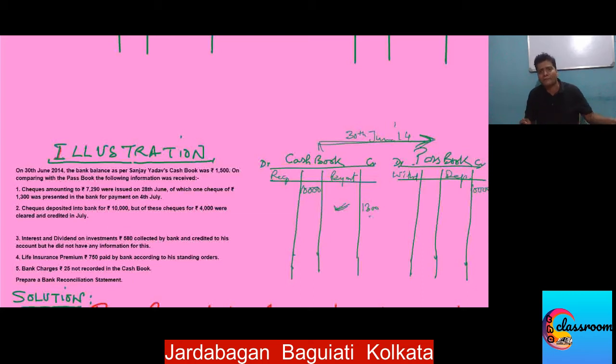So we will look at the passbook balance. Suppose this is the cash book and this is the passbook. Now passbook balance is over here. I can see cash book balance has reduced. So in order to reach the passbook, we need to rise up. We need to add to the balance to reach the passbook balance. So we need to add this 1300 to the cash book balance to arrive at the passbook.